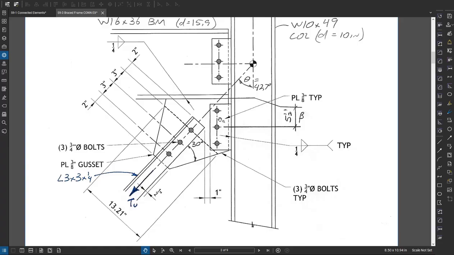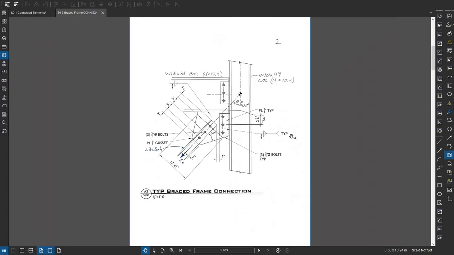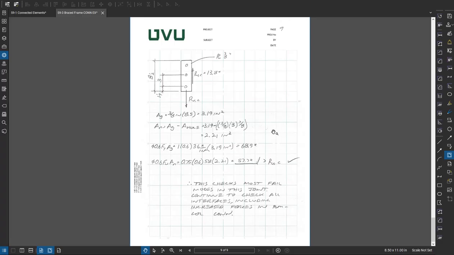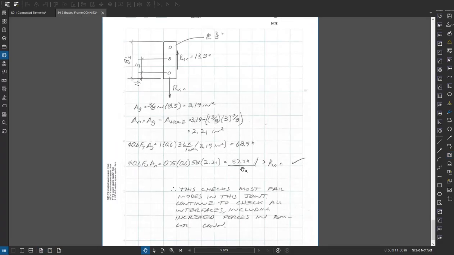I don't know that I know of one. The next option would be to design this plate in shear for the full resultant. It's not technically perfectly correct, but when I did that I end up with 57 kips of capacity and only 14 kips of demand.